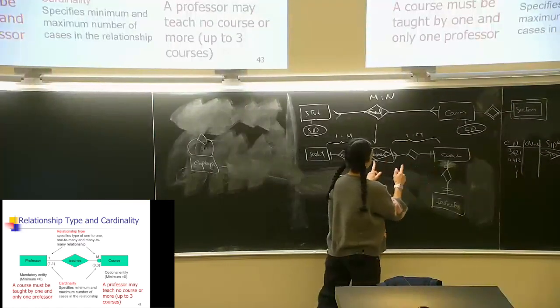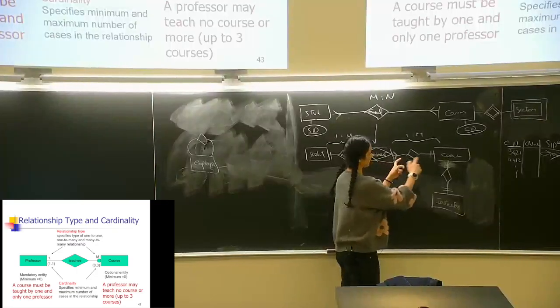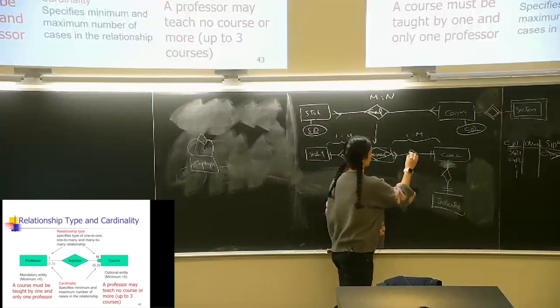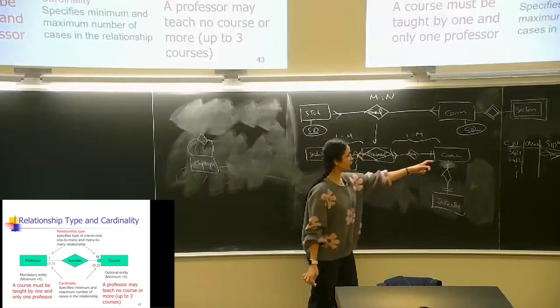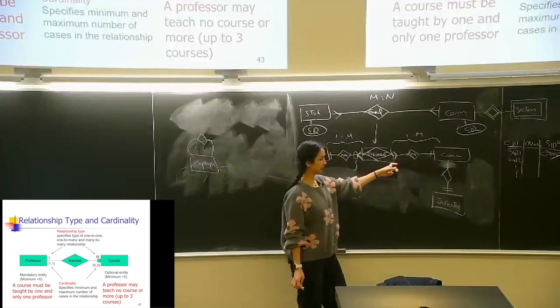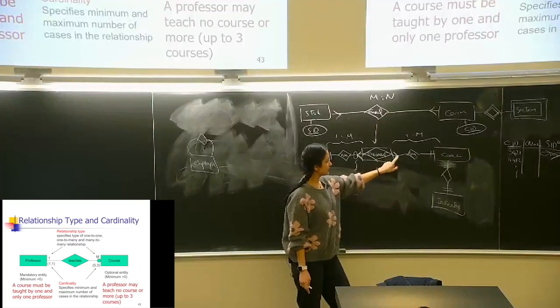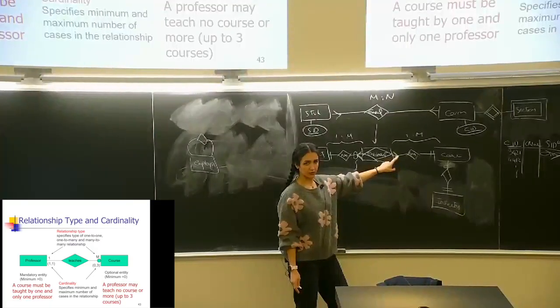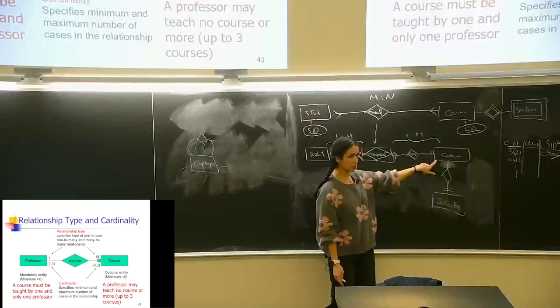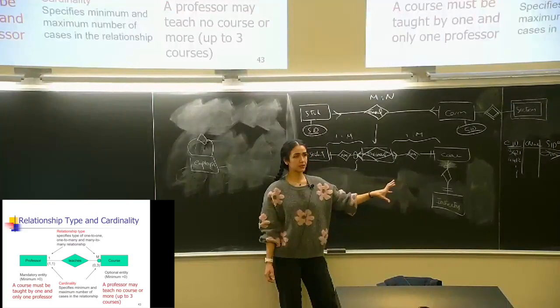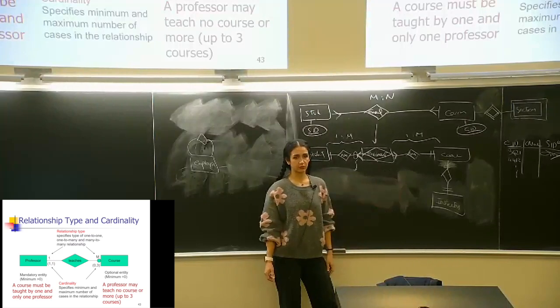So for example, now tell me about the participation in this relationship. Each course can appear in many enrollments, right? Now, is this optional or mandatory? Can we have a course appearing in no enrollment, meaning a course that no students enrolled in?